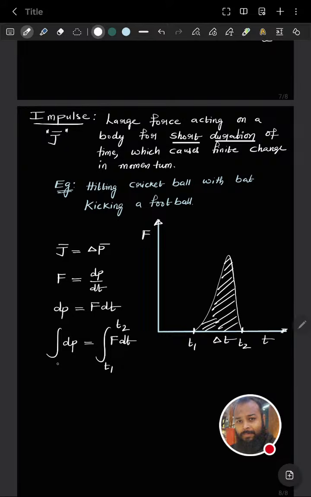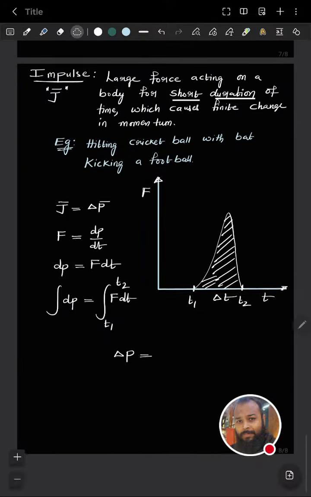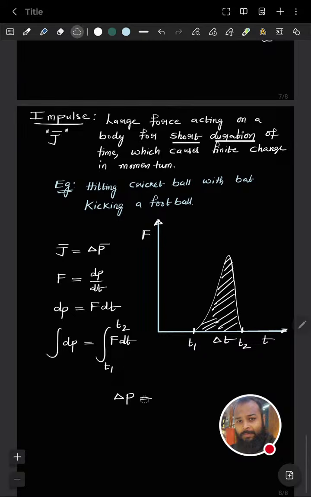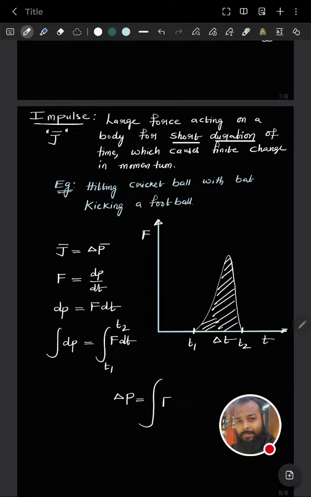Integration of dP is nothing but delta p, just as integration of dx is delta x. So delta p is equal to integral F dt from t1 to t2. This is called impulse. This is actually J bar, J.